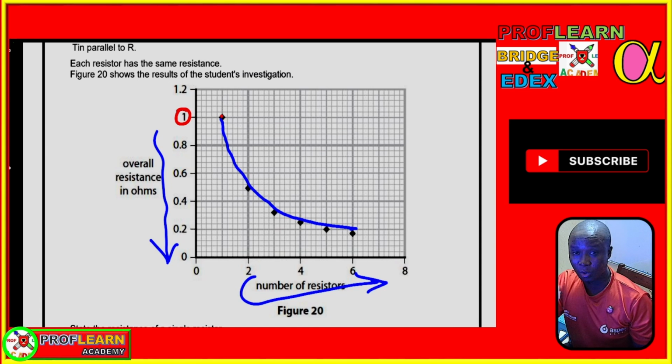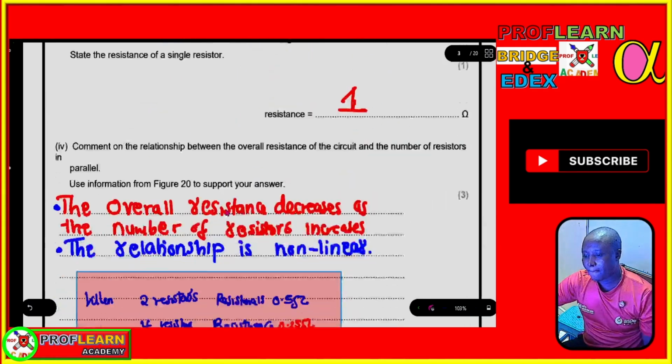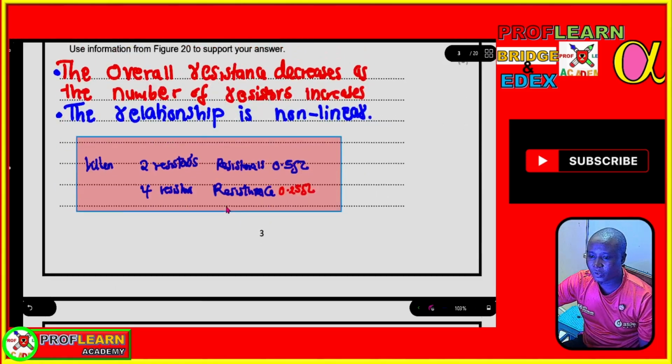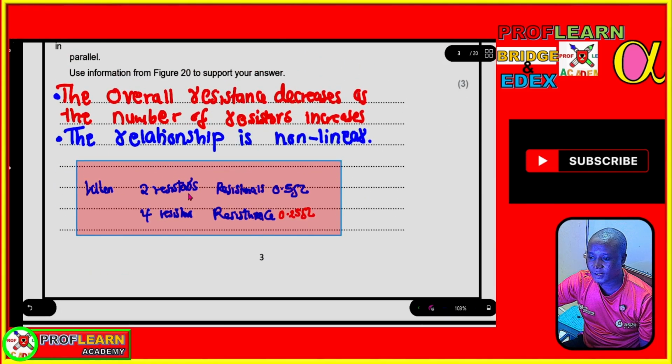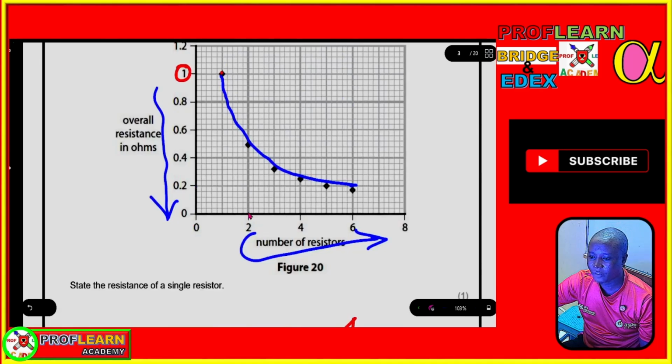But also we need to state the relationship that exists. The relationship that exists here is non-linear. It's not a straight line. So we're going to say the relationship is non-linear because we have a curve. Okay? And we need also to indicate that when you have two resistors, resistance here is 0.5.